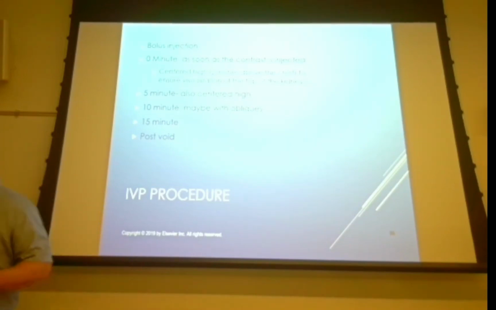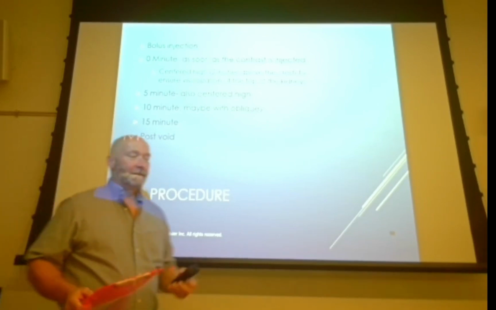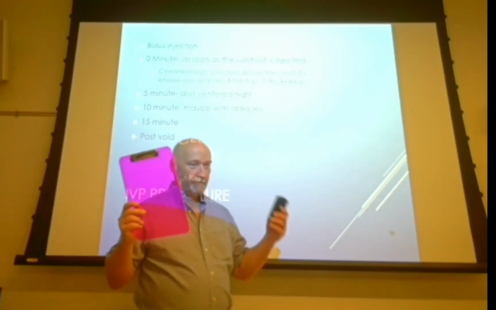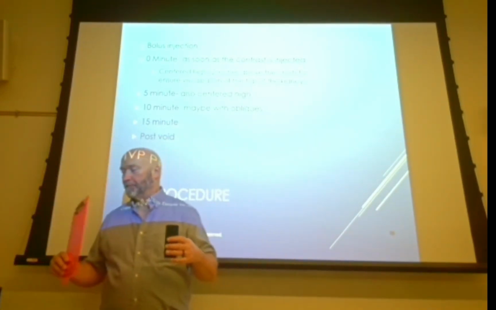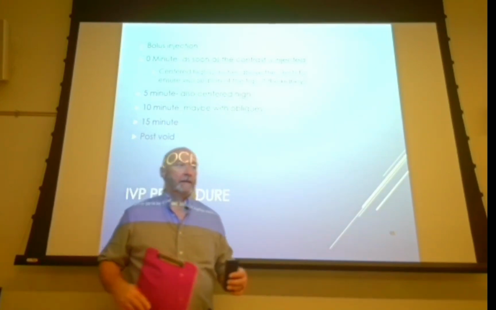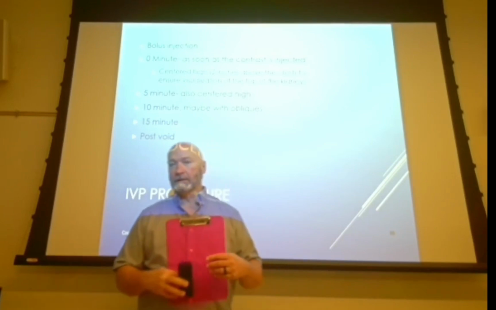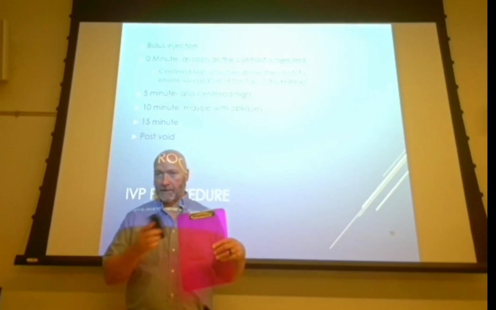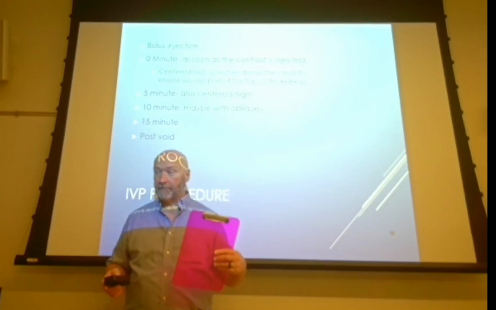What we're going to do, again, is I've got two kidneys, one very large kidney, one very small kidney. But what we're going to do is we're going to shoot a scout. And the scout's just going to be KUB. You might have to position the scout, or you may have to do two scout images just to get the top, especially of the left kidney.